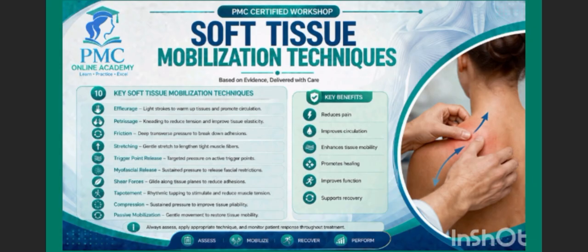The goal is to improve collagen alignment during healing, reduce adherence, stimulate tissue repair, and improve tissue mobility. For example, it can be applied in conditions such as tennis elbow, Achilles tendinopathy, and patellar tendinopathy. These techniques can be slightly uncomfortable, but it should never cause severe or unbearable pain.